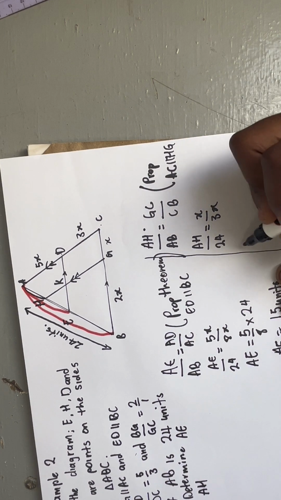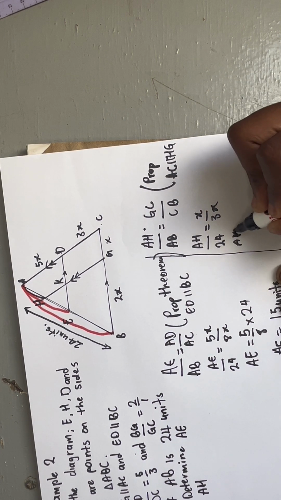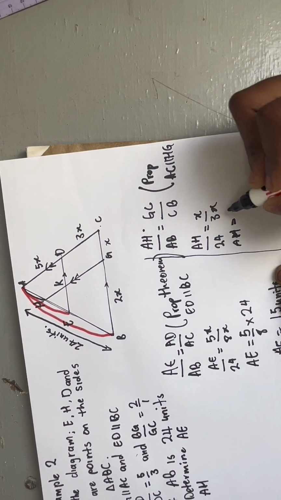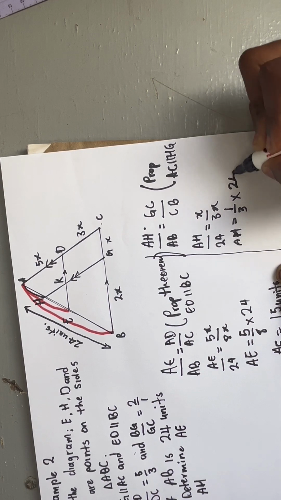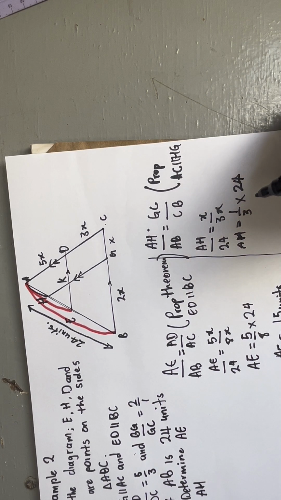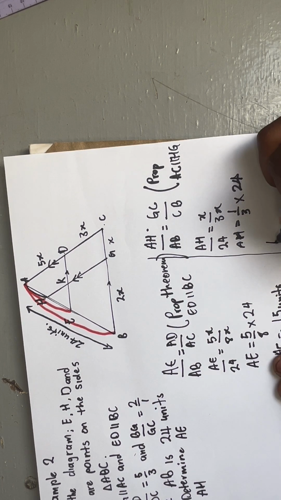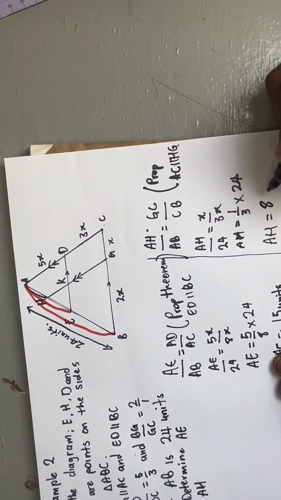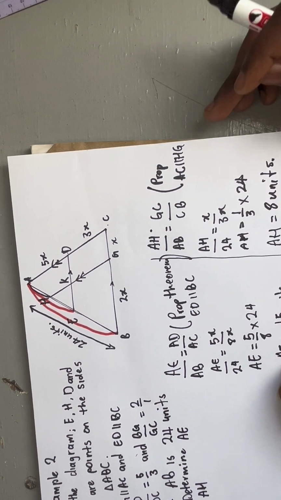You see these are going to cancel, which means AH is equal to 1 over 3 multiplied by 24. What is 1 over 3 multiplied by 24? This gives me, I think, 8 units, if I'm not mistaken. So this is going to give me 8 units.